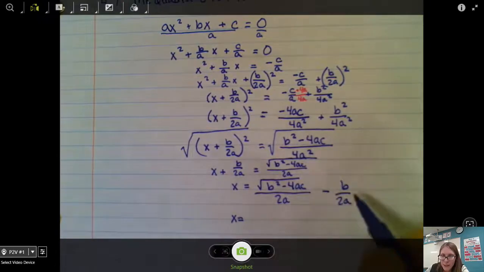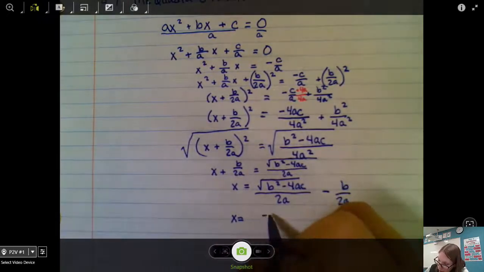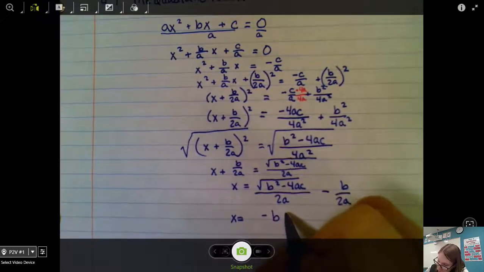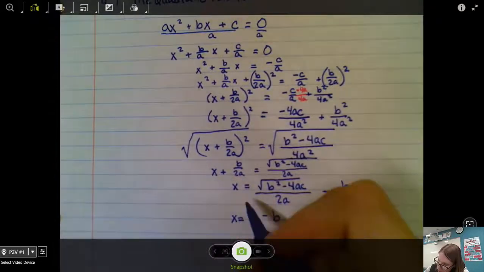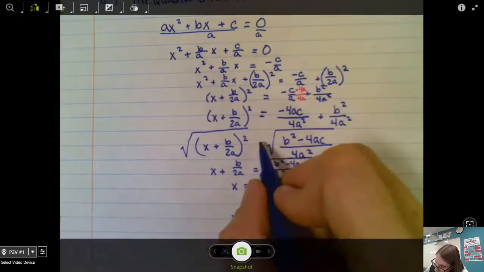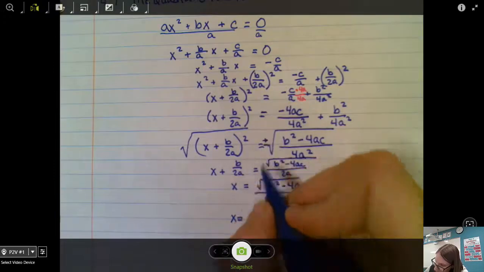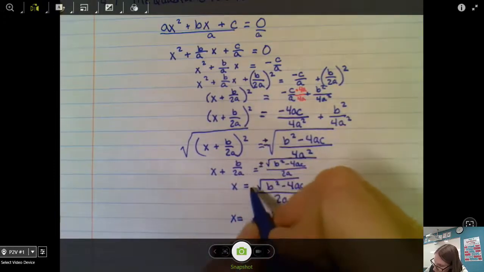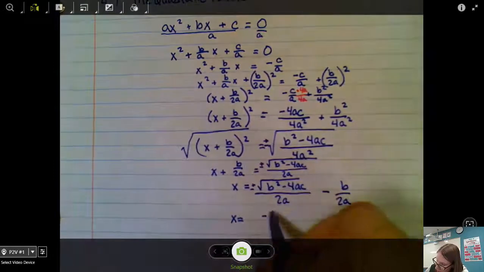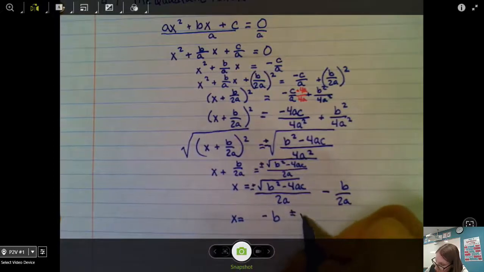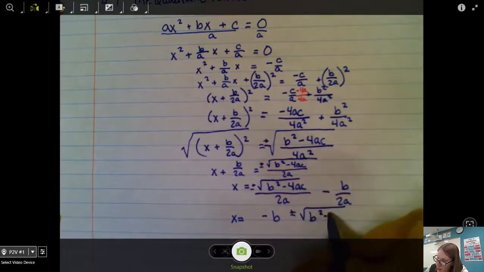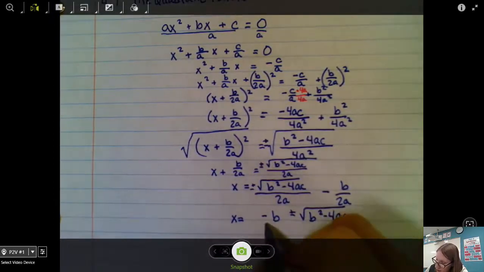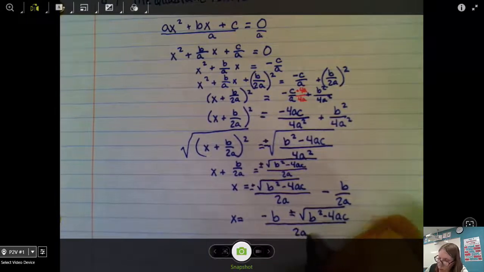All of this minus b over 2a, I could write my negative b first. Negative b. Oh, and again, as soon as we took that square root, I forgot to write this in here, it should be plus or minus. Negative b plus or minus the square root of b squared minus 4ac all over 2a.